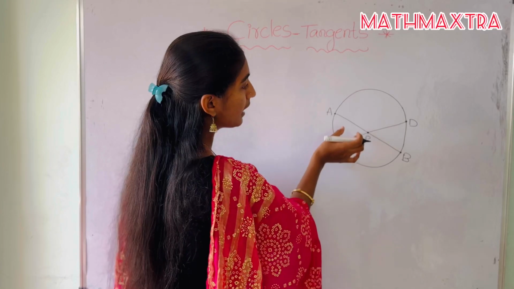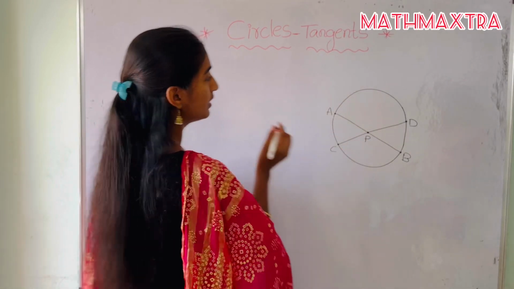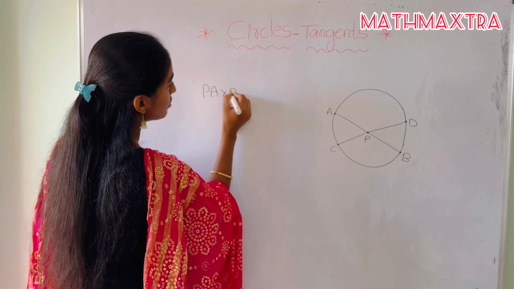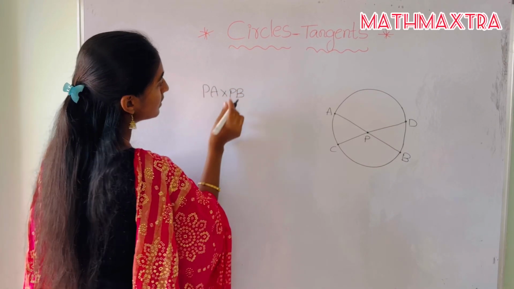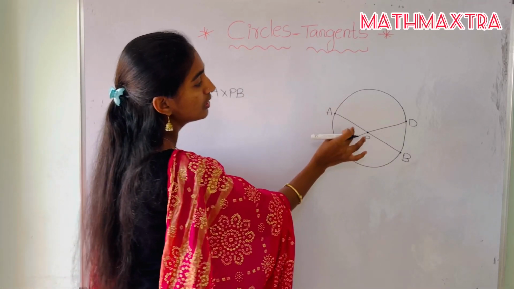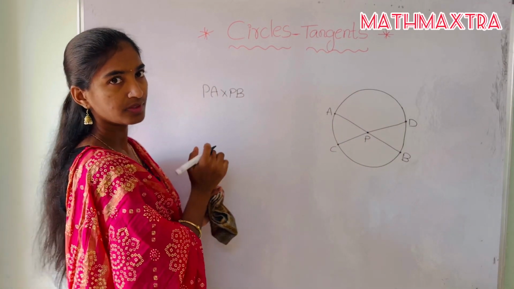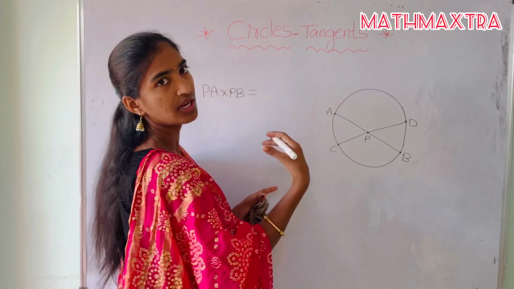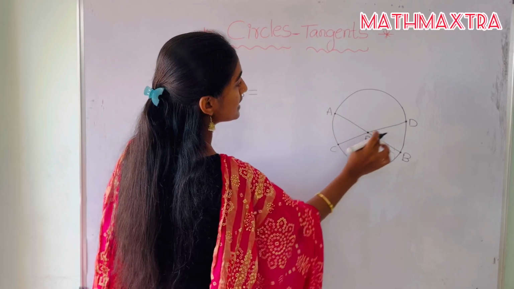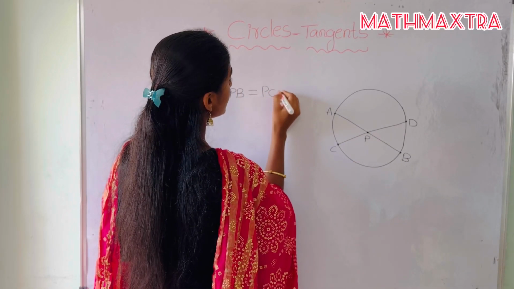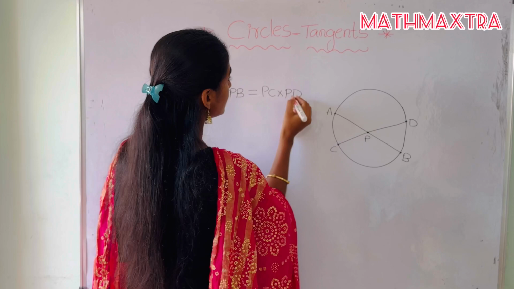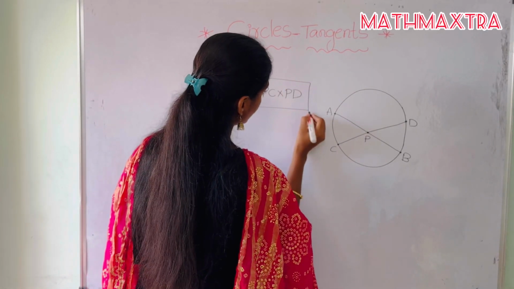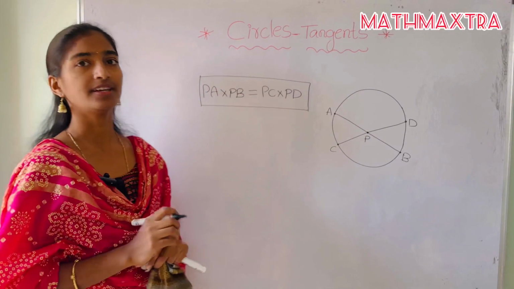So if you take the product of the parts of the chord, which is PA into PB, these two are parts of the AB chord, it is always equal to the product of the parts of the other chord, which is PC into PD, right? PC into PD. This condition always holds true with two intersecting chords.